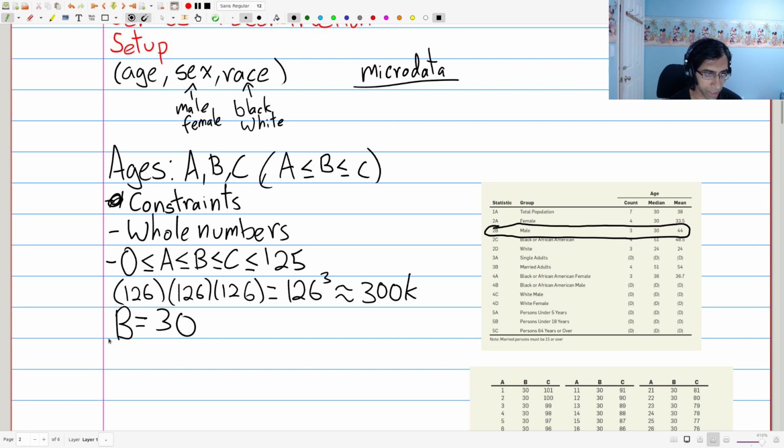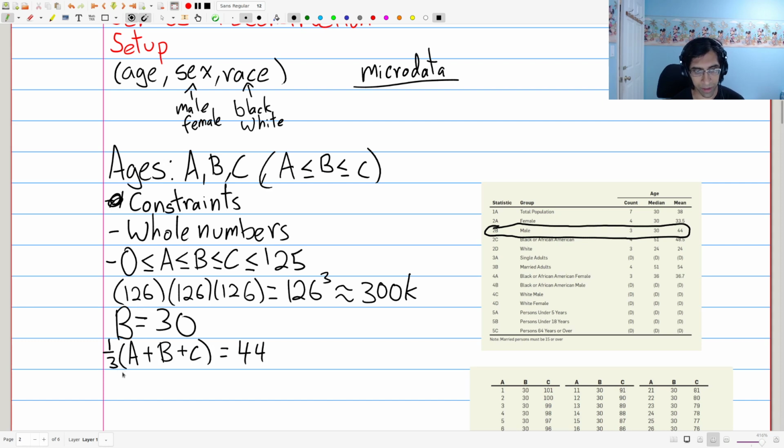But that's not all we know. We also know that the average value is 44. So that tells us the following: 1/3 times (A plus B plus C) is equal to 44.